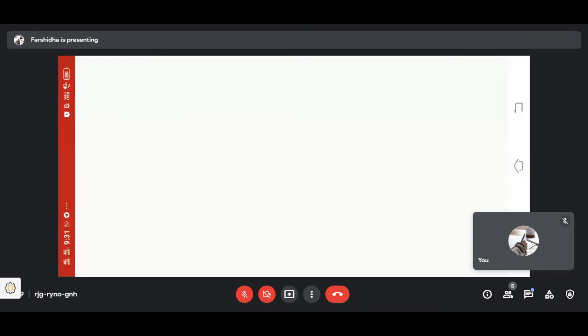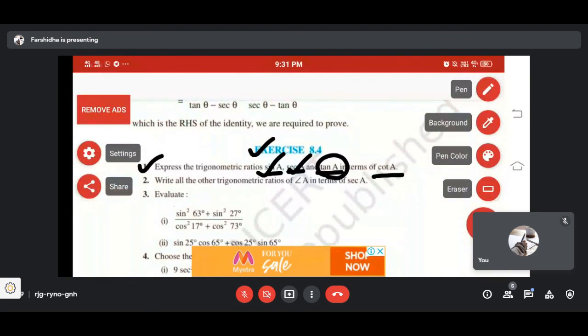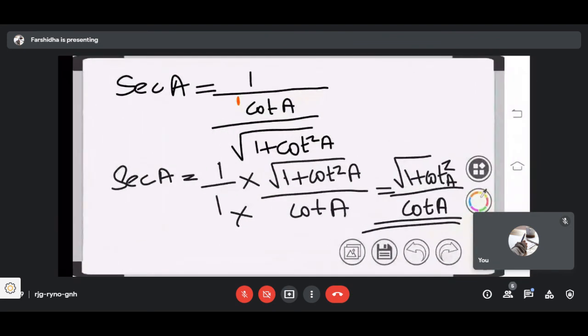One more thing is there in the question. We have represented sin and sec, and now we need to represent tan in terms of cot.